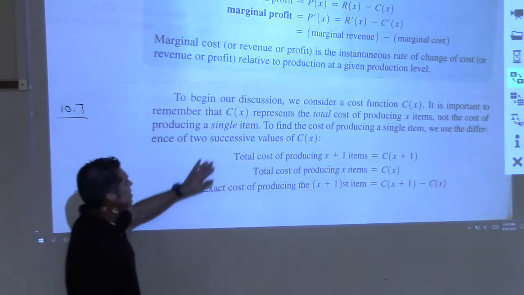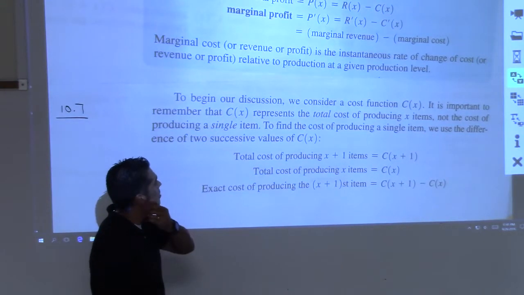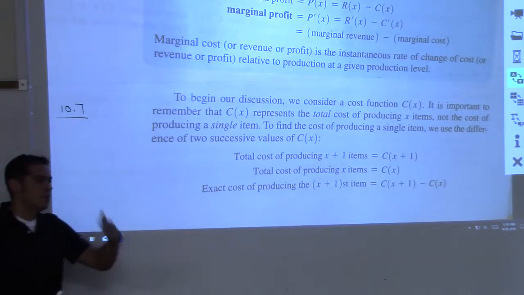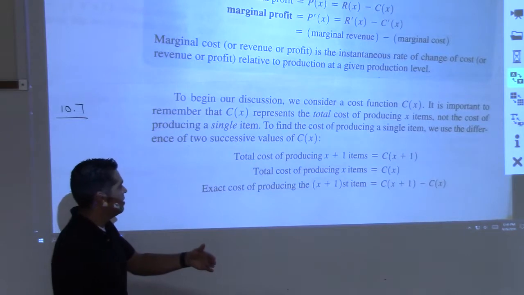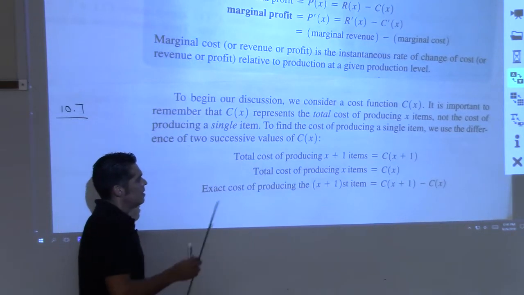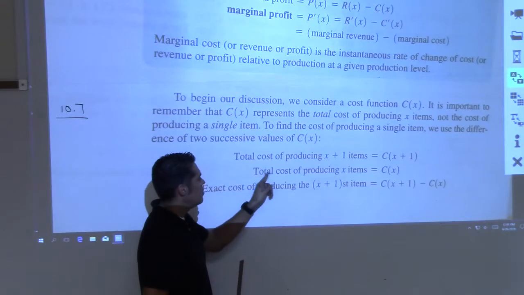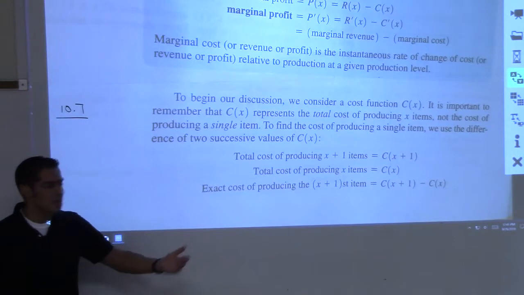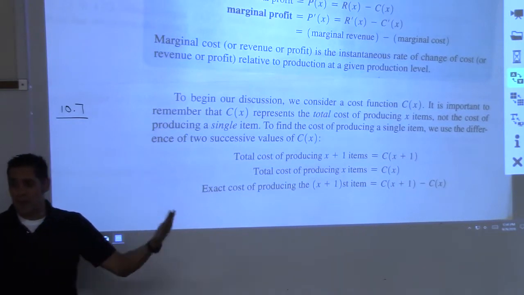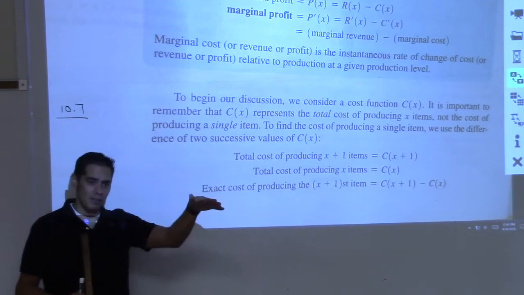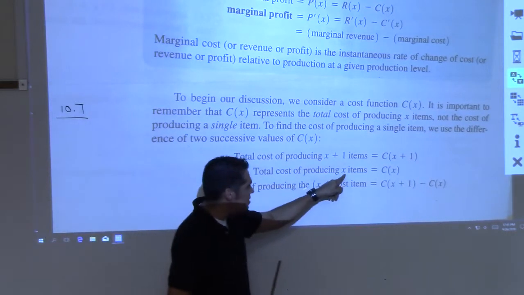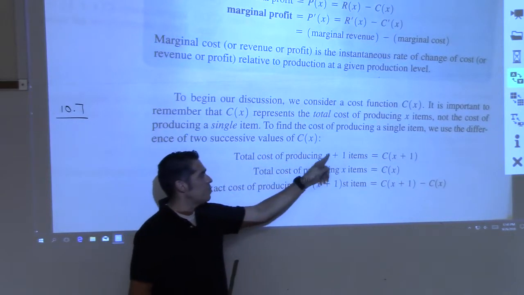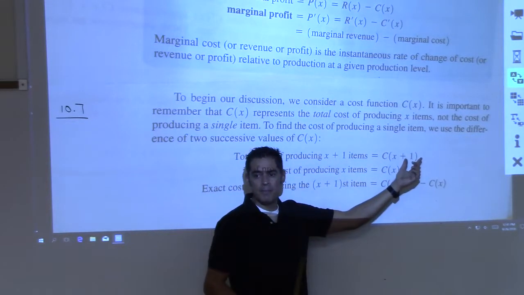are, let's say somebody gives you a cost function, all right? And we wanted to know the cost of producing a certain number of items. Then please recognize that if you wanted to know the cost of producing X items, let's say your company's building bicycles, and you want to know how much it costs to build 20 bicycles, you'd have to plug 20 into your cost function, right? So the cost of producing X items is the cost function at X. The cost of producing X plus 1 items, you plug in X plus 1.